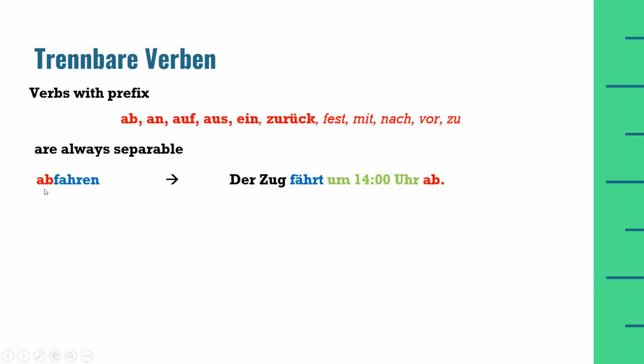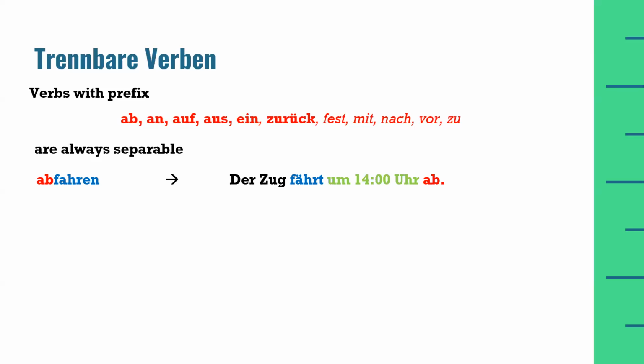Let's look at the first example. Abfahren. So fahren is a German verb which means to travel, and we have covered it a lot of times. Now, if it has a prefix ab, then it means to depart. Der Zug fährt 14 Uhr ab. Now, whenever there is a verb which is separable, then we have to use the prefix at the last position of the sentence, and the normal verb will always be at the second position and it will be conjugated according to the subject of the sentence.